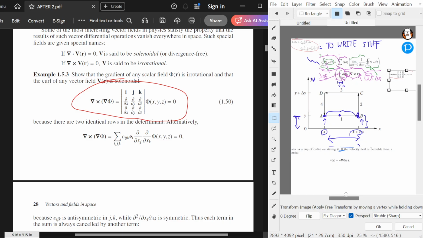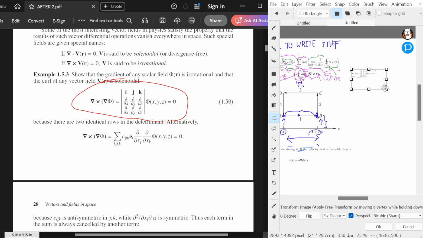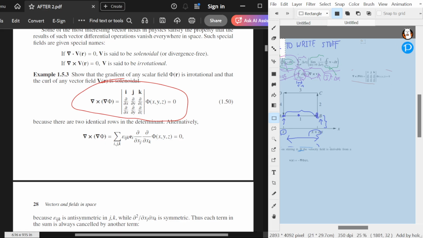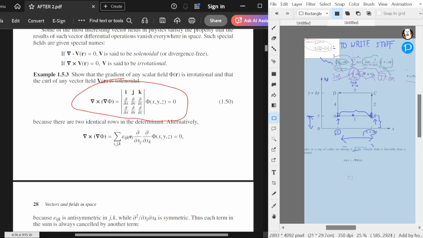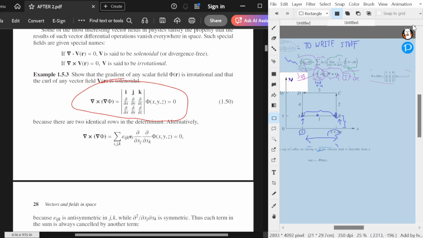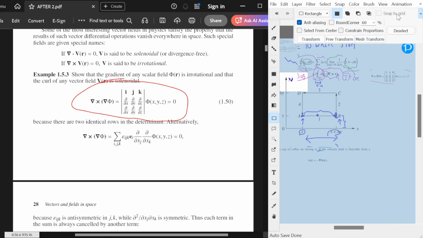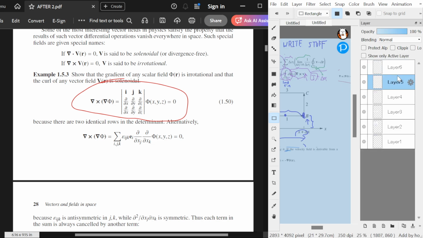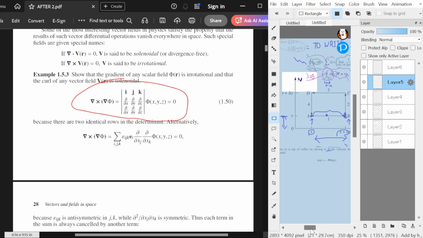Transform, come here, make you a little bigger. Can I move you? No, I need to switch layers. Window, layers, layer 5, complicated stuff.